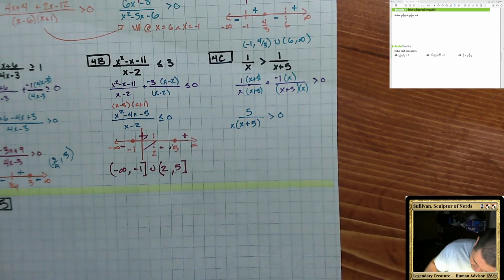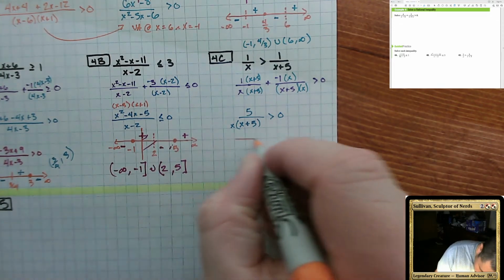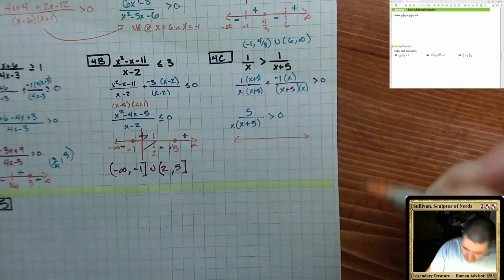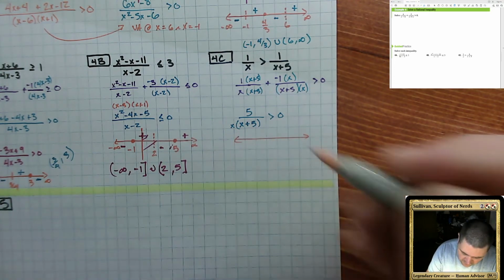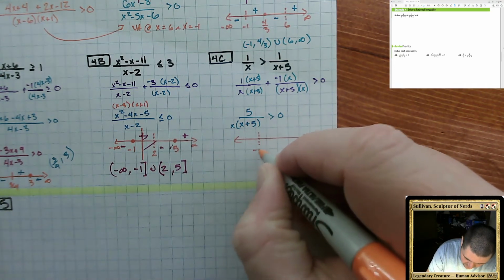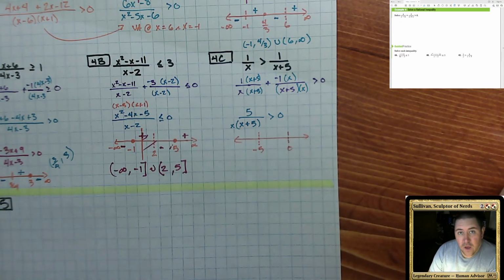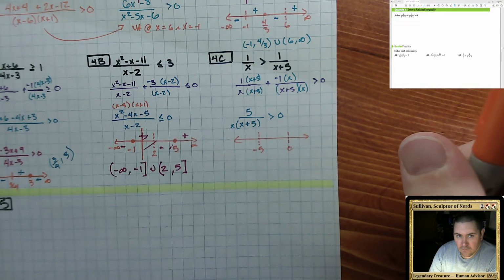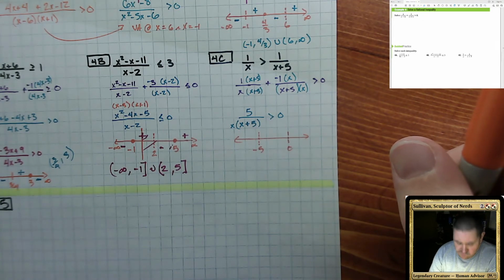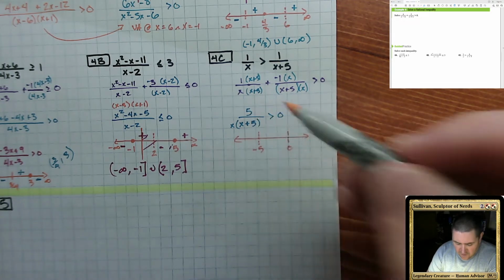Almost there. We are going to have vertical asymptotes at negative 5 and at 0 with no x-intercepts to speak of. Because 5 can't equal 0.